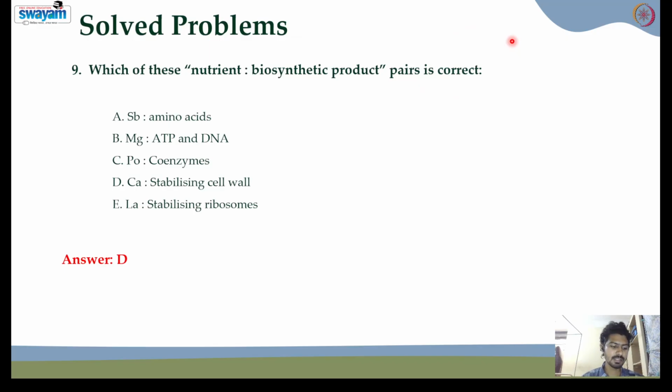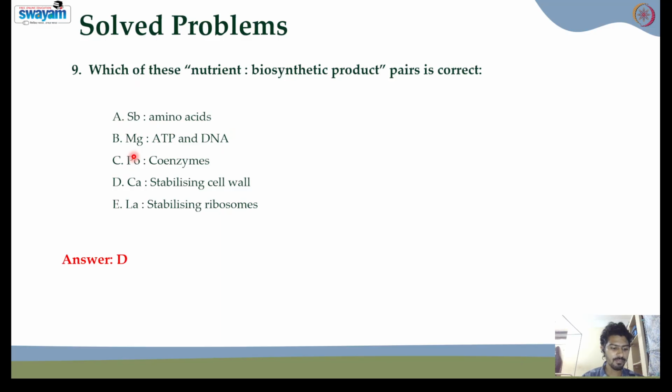And why not the others? If you see the first option, antimony, which is Sb, it is not directly involved in amino acid synthesis. So it is not connected to amino acid synthesis, so it is obviously false.